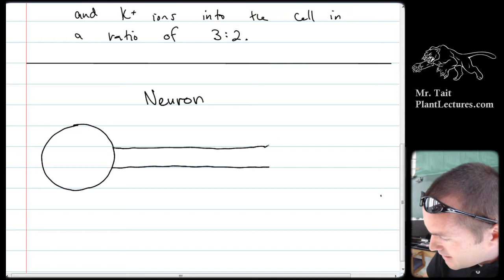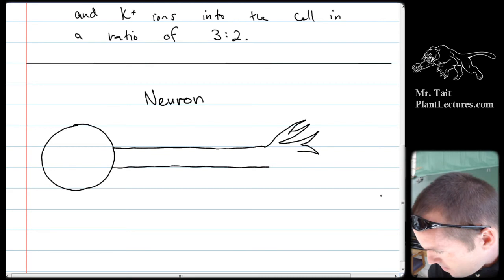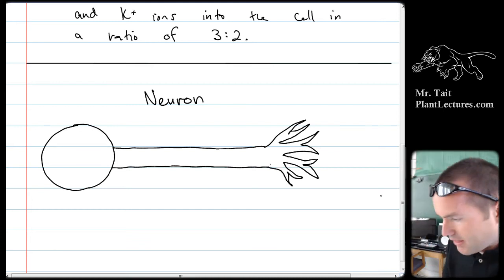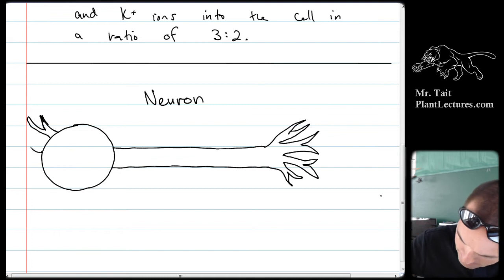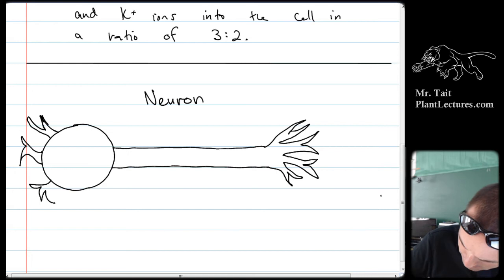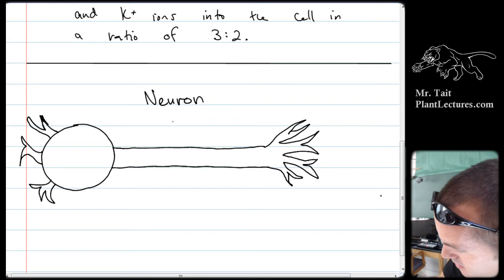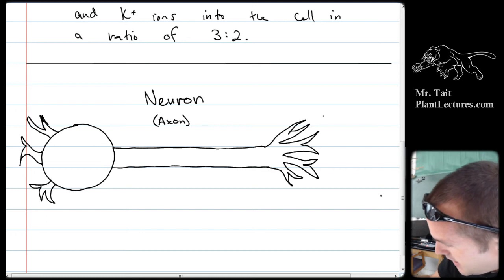And the axon goes to these things called the axon terminal. Something like that. Then on this side of the cell body, you've got these things called dendrites, like so. So again, this is the axon, this part of it. This is the axon terminal.